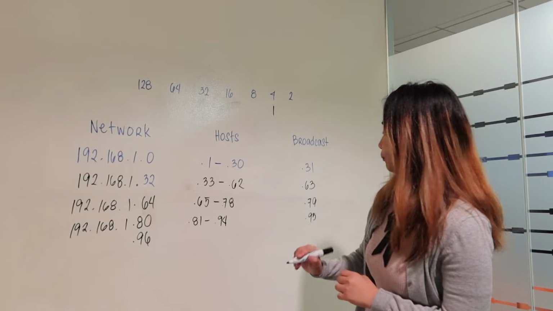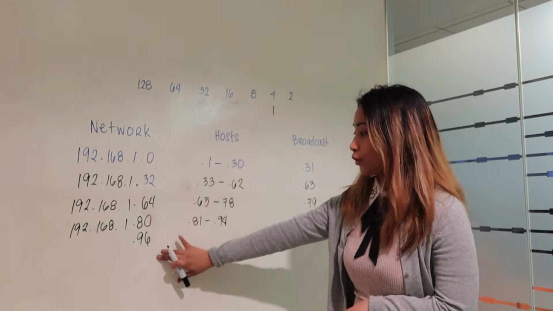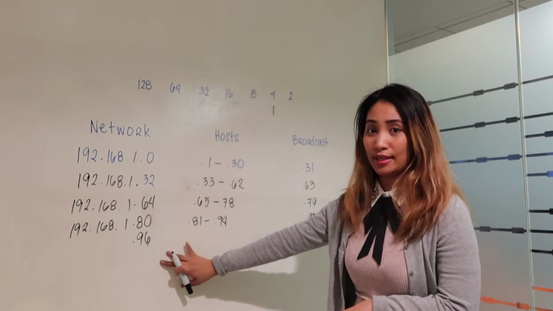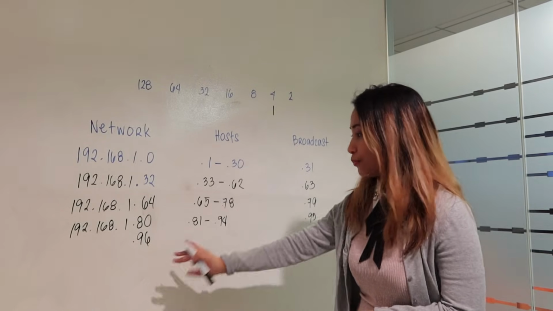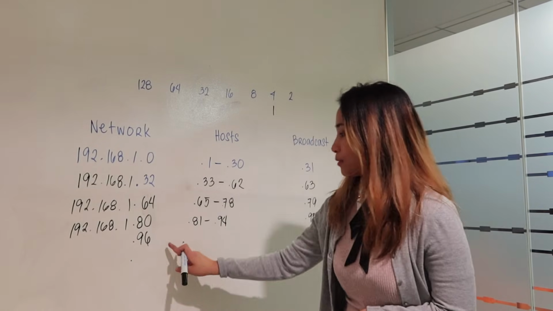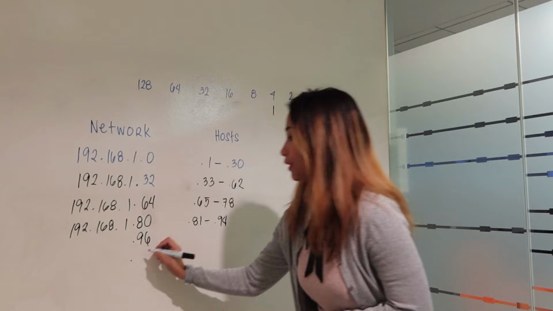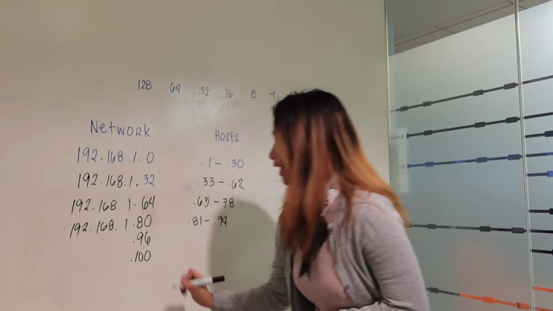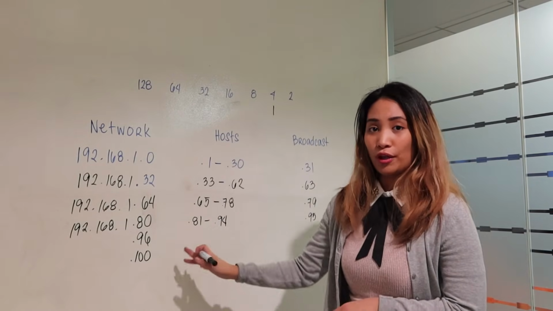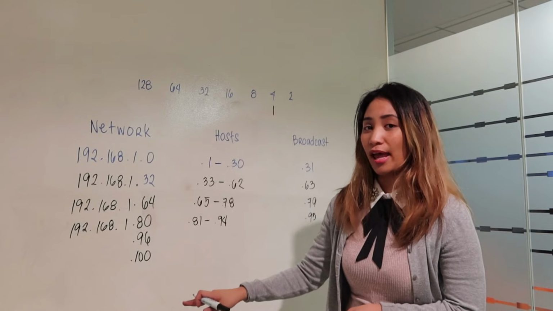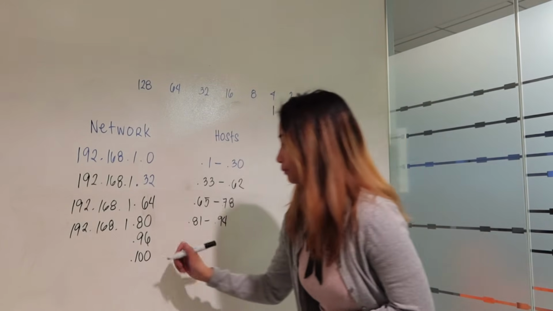Okay, so we are just going to add 4 here for the next 4 networks that we are going to do. So 96 plus the increment 4 is going to be 100, and I'm just going to go on to the next 4 networks because they all have the same number of hosts.